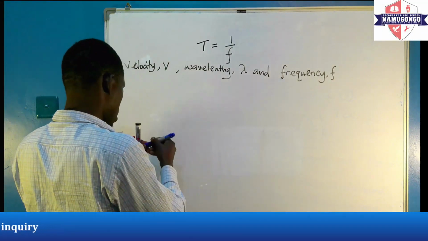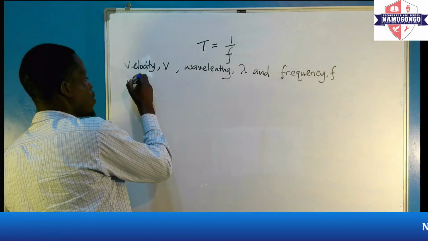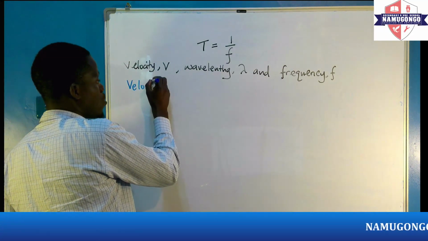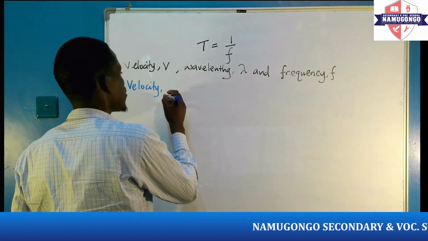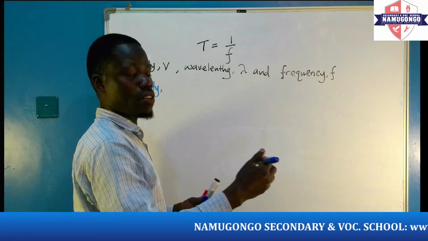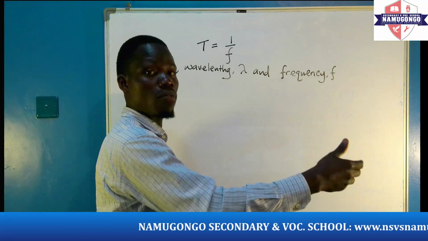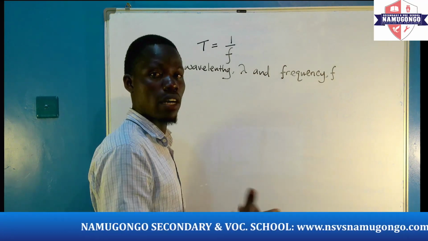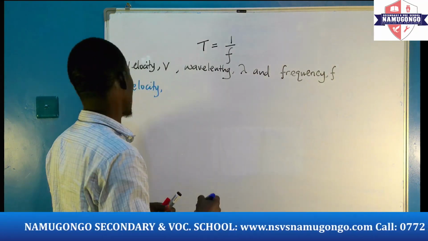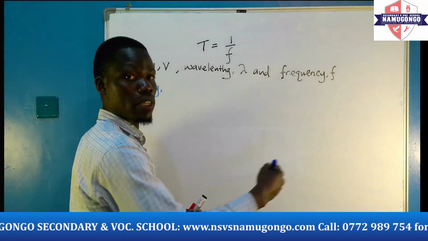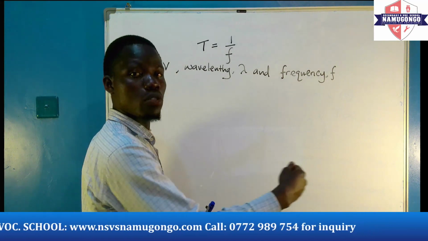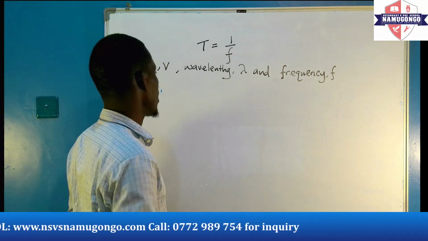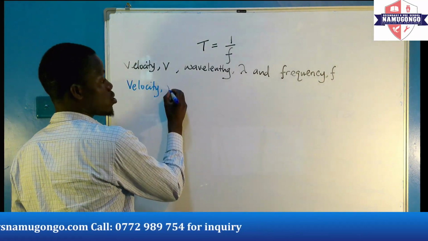But remember, we can define velocity. Velocity, we can define as the distance this wave is going to cover in a given time. Or someone can still call it the displacement of the particles from one point to another in a given time. So that will be our velocity.